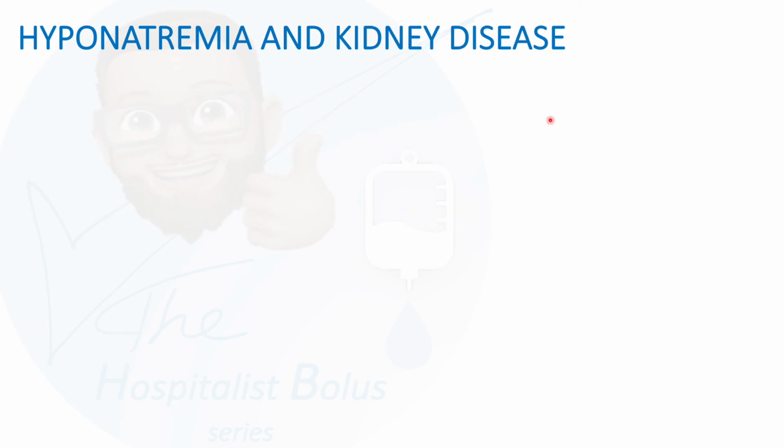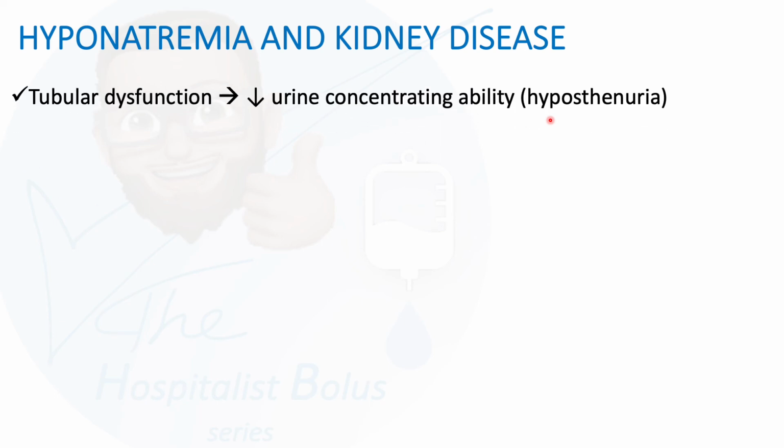So the relationship between kidney disease and hyponatremia is not as robust as in cirrhosis and cardiac failure. But generally, when there's a start of tubular dysfunction due to any disease, there will be a decrease in the urine concentrating ability, and this is called hyposthenuria.